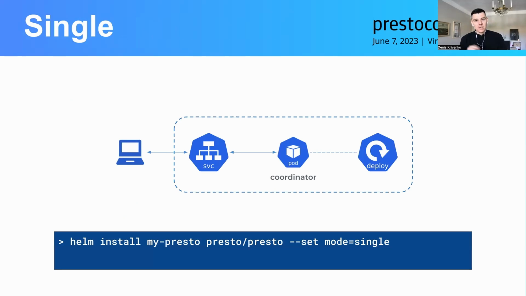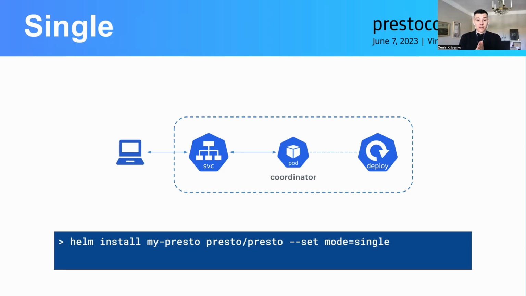Single mode is a minimal Presto deployment mode where one instance or pod acts as a coordinator and worker. This mode is useful in environments with limited resources for testing or experimental purposes. If the chart is installed in single mode, then only one pod is created because the number of replicas in the deployment is locked to 1. And of course, there is a service in front of the pod.